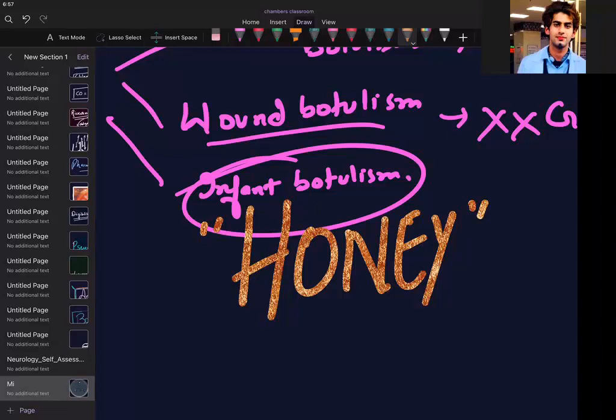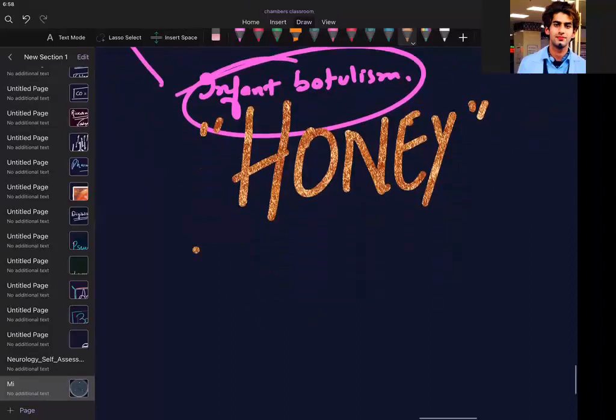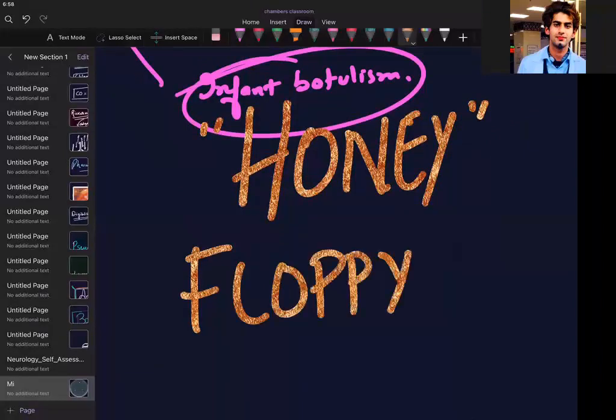If you are giving honey to an infant who is less than 1 year of age, that honey contains spores of Clostridium botulinum, and these spores will go into the intestine of the infant and germinate. They will produce the toxin. And what will happen in the baby? The baby will become floppy. This is an important question. Floppy child syndrome.